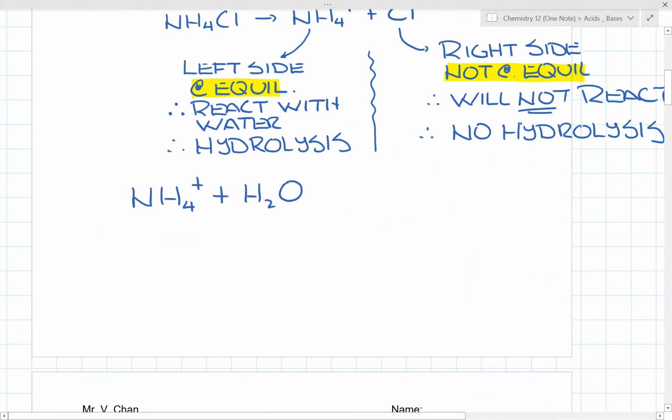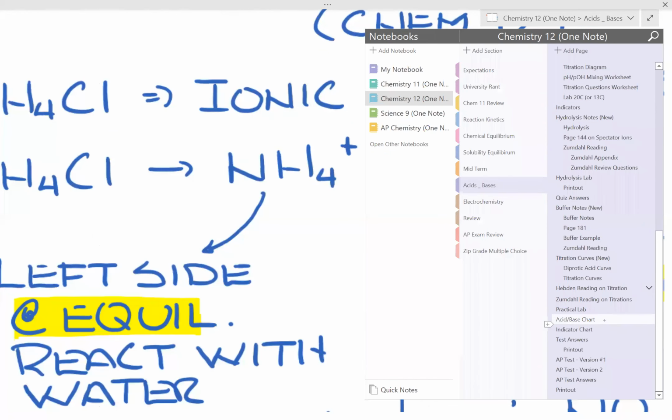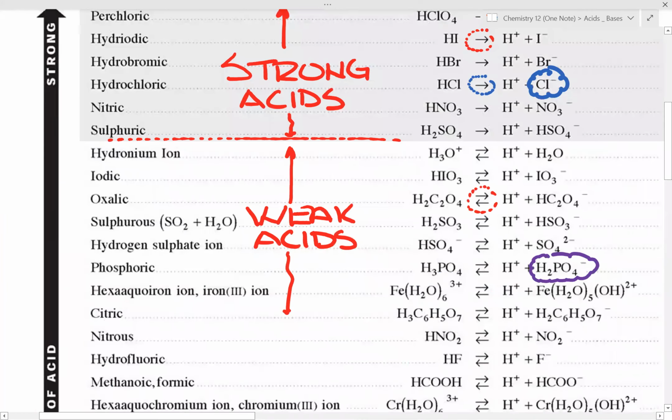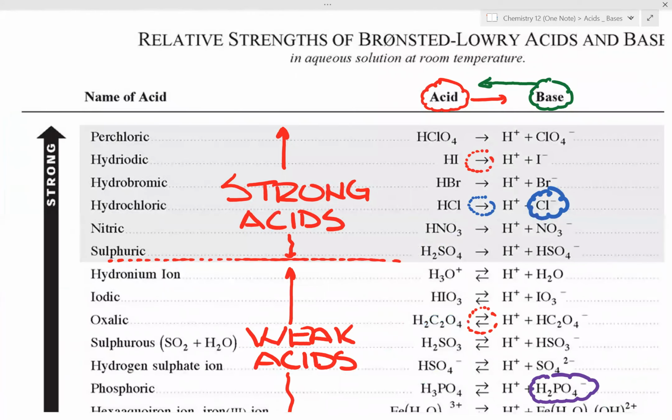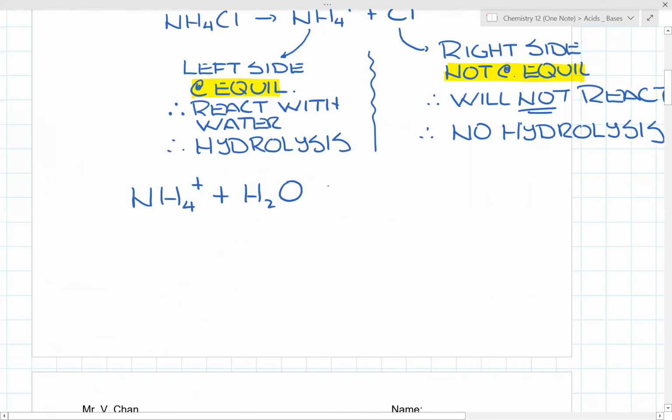Since it is found on the left-hand side of the acid-base chart, recall everything on the left-hand side of the table is an acid. It will do the donation. So therefore, in this particular case, NH4 plus will donate a proton to water. And what you get is H3O plus and NH3.